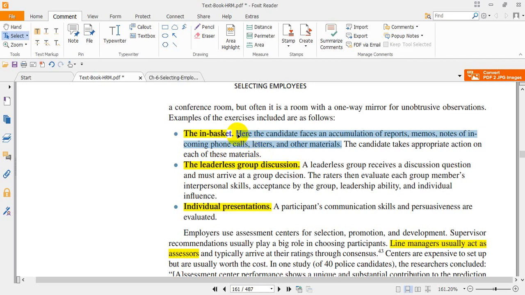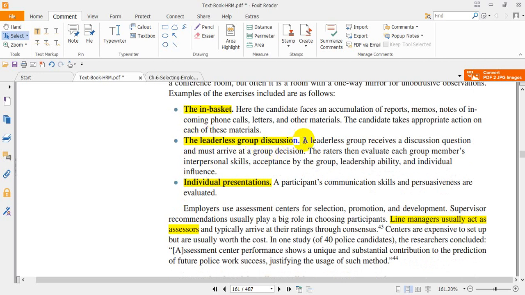Okay? The assessor needs to know how the candidate will take action for each material.